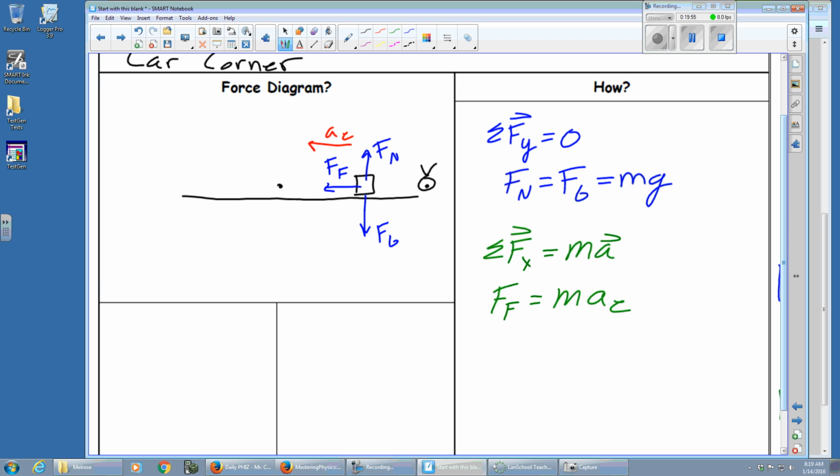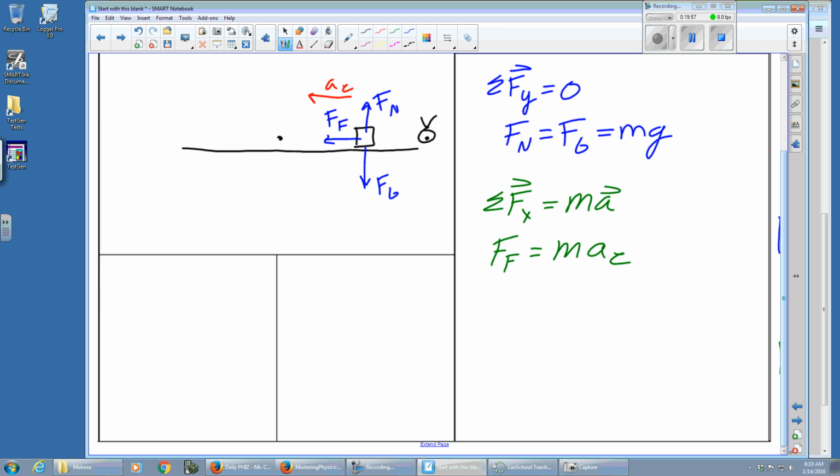I know my frictional force is mu times the normal force from my equation sheet. My centripetal acceleration is v squared over r. So mu m g equals m v squared over r. Oh, my masses cancel out, right?